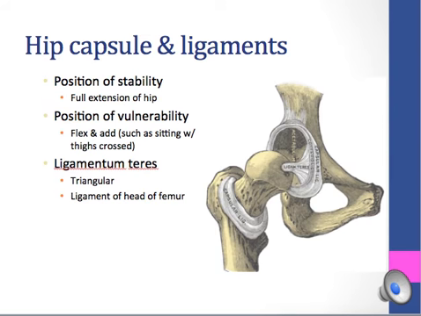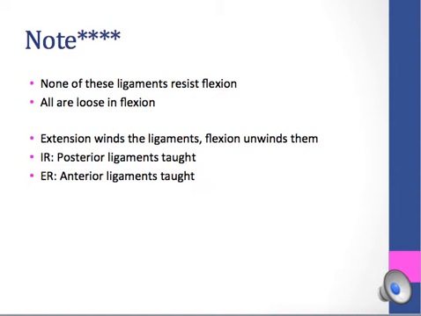Okay, so just understand the position of stability for the hip is full extension. And the vulnerability is flexion and adduction, like sitting with their thighs crossed. We already talked about the ligamentum teres, so you guys will know that it does play an important role.